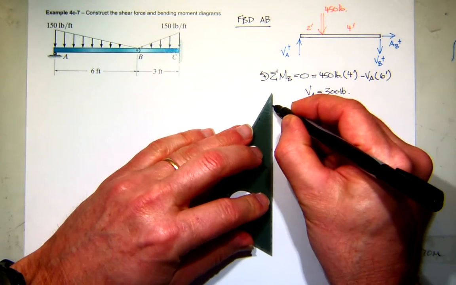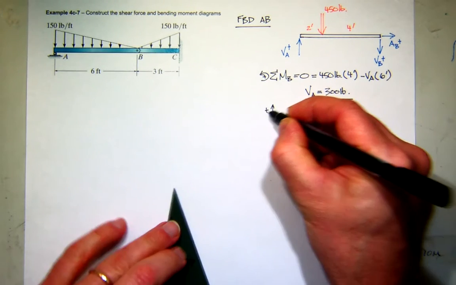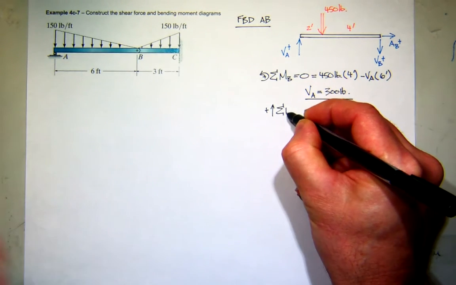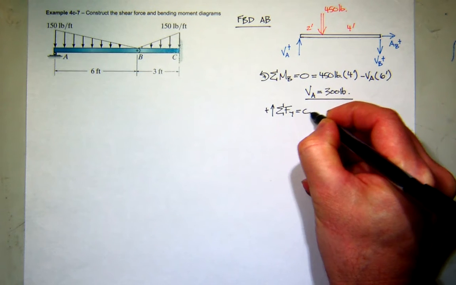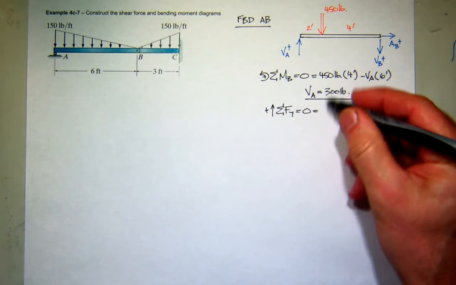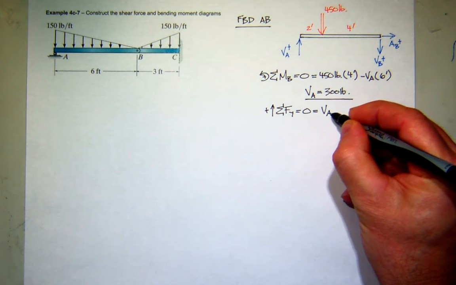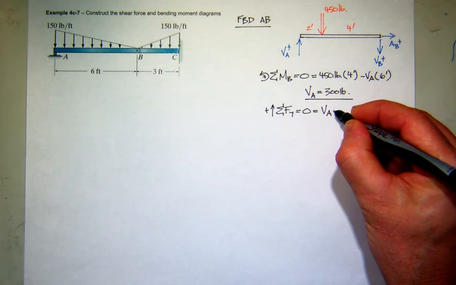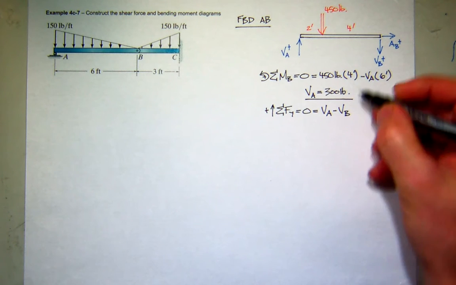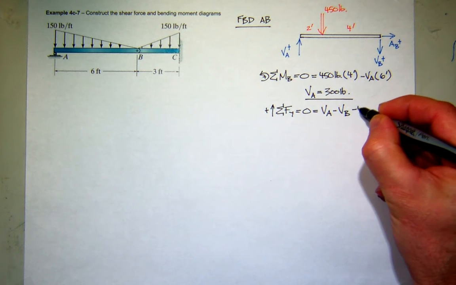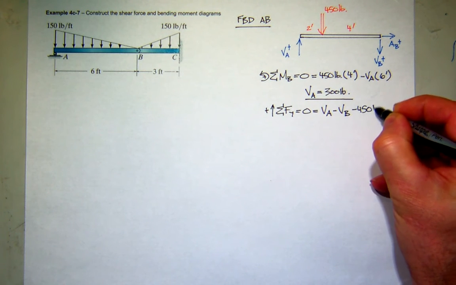And then sum the forces in the y direction equal to 0. So I've got my shear force at A up, my positive shear force at B down, and then my 450 pound force is also down.